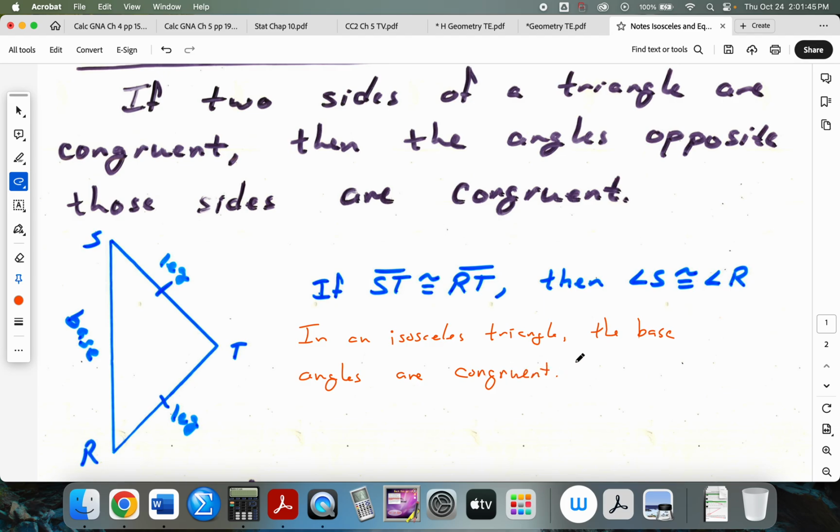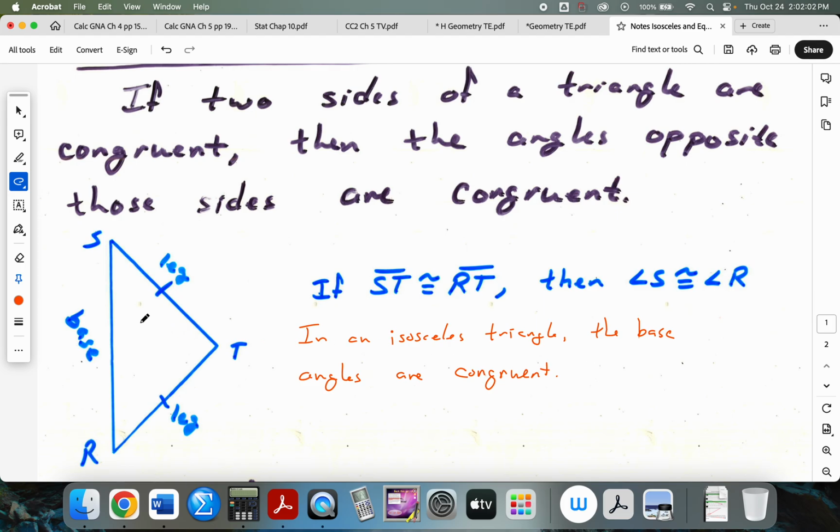In an isosceles triangle, the base angles are congruent. I think that's the easiest way to remember this one.